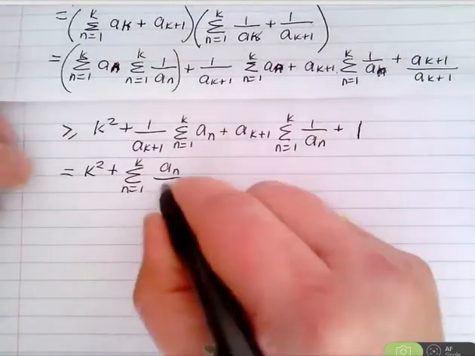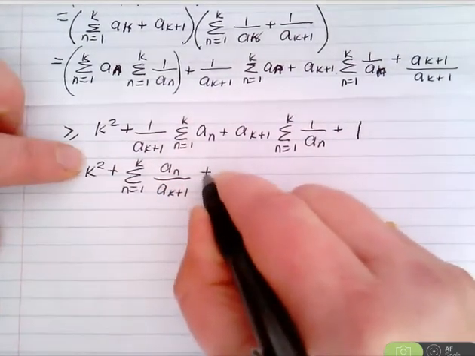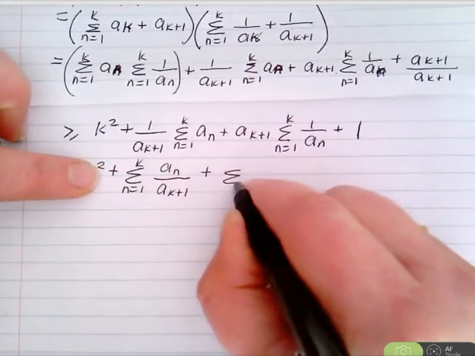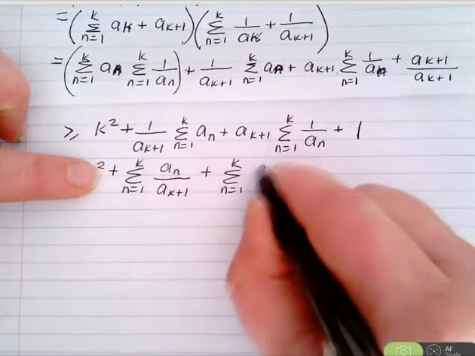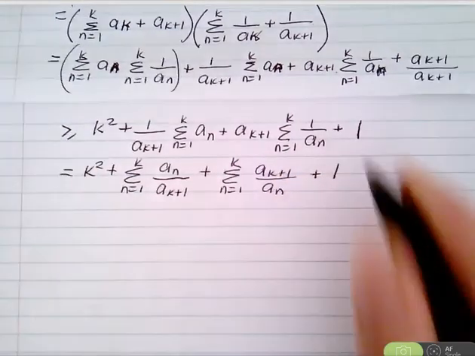So a sub n over a sub k plus 1, plus the sum from n is 1 to k of a sub k plus 1 over a sub n.